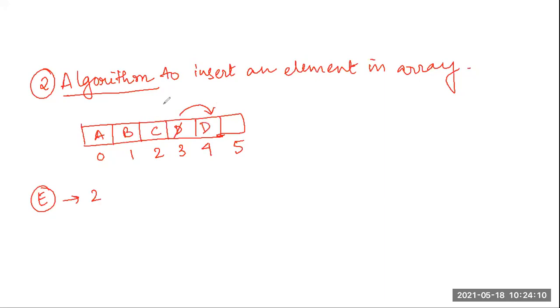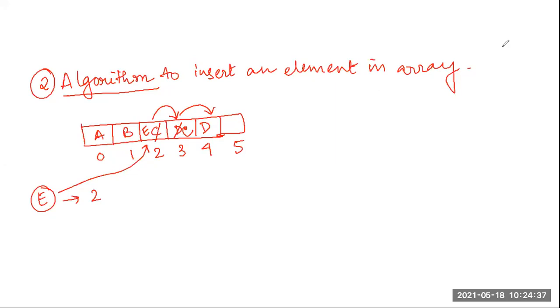Then I shift this element to this location, then this location will be vacant. Now C is here. Then I can insert my E in this location. Here is my E now. So this is the concept.